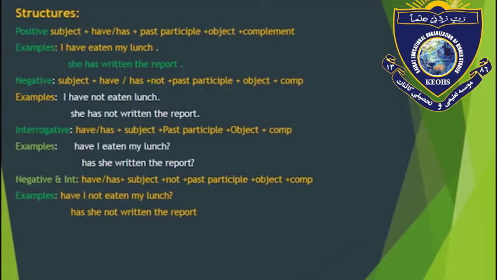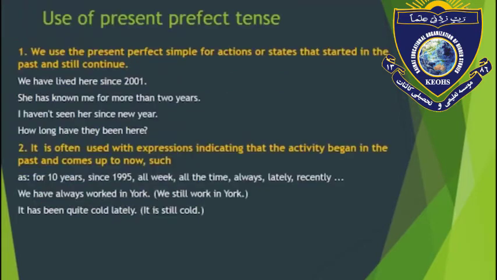This is the negative interrogative form of present perfect tense. We call it negative interrogative because at the beginning of the sentence we use the auxiliary verb, but after the subject we use not. That's why we call it negative interrogative, because this structure has two forms: negative and question.